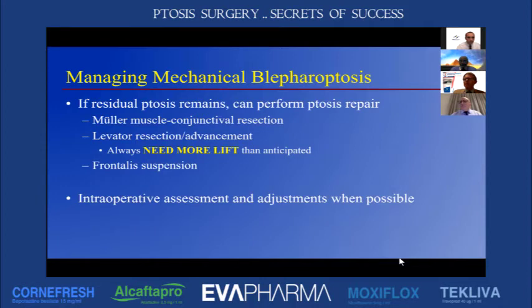Or you can do a frontalis suspension if that's what it comes to. And here I feel like when we're dealing with mechanical and paralytic ptosis, intraoperative assessment and adjustments whenever possible is a tremendously valuable aid to determining how much lifting needs to be done.